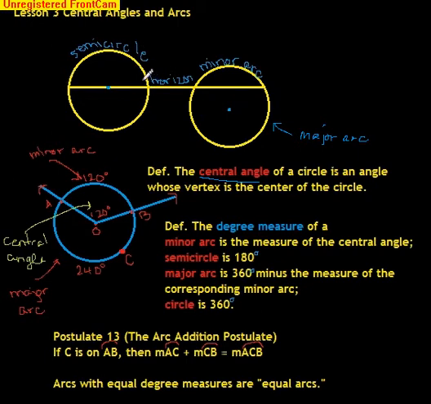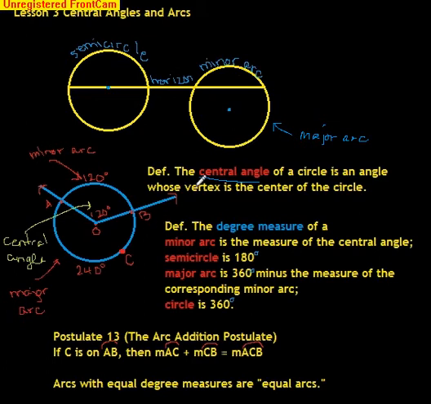So this is a semicircle, which is 180 degrees, and then this would be a semicircle, which is also 180 degrees. This one divides it above the center, so it splits it into a minor arc, which is the smaller arc, obviously, and then what is left is called the major arc. So a chord can separate a circle into a smaller minor arc and a larger major arc.